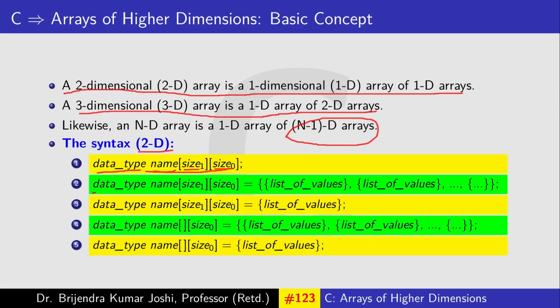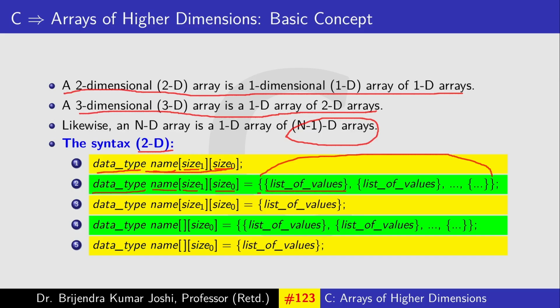The second method is some data type, again name, size 1 and size 2. So it is a two-dimensional array, so you have to give sizes of both the dimensions. And here we can initialize. So at the time of declaration, we can initialize. Within this pair of opening and closing braces, we can have pairs of braces representing rows.